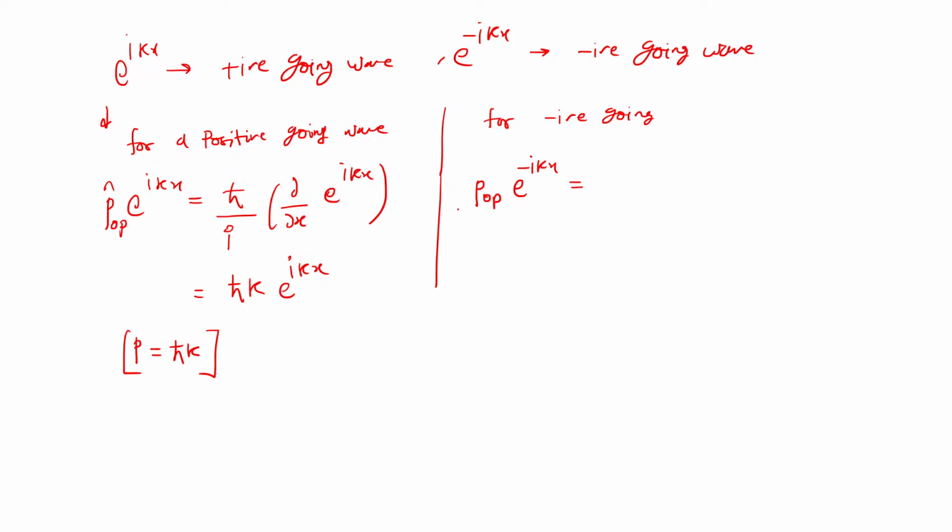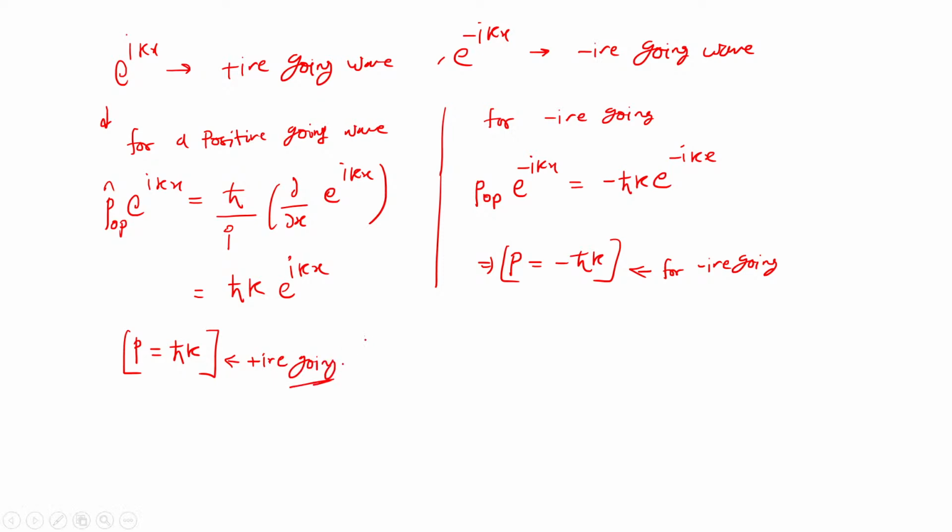So this h cut k will become minus h cut k exponential of minus iota kx. Just writing directly one step. So from here you can see that P is equal to minus h cut k. This is for negative going, and this is for positive going. Very important.